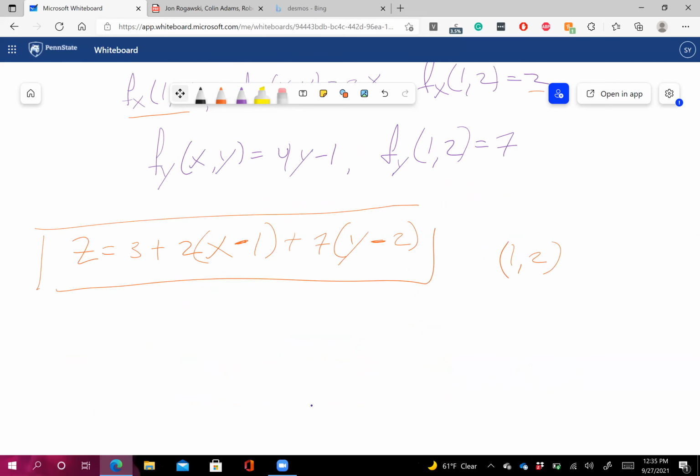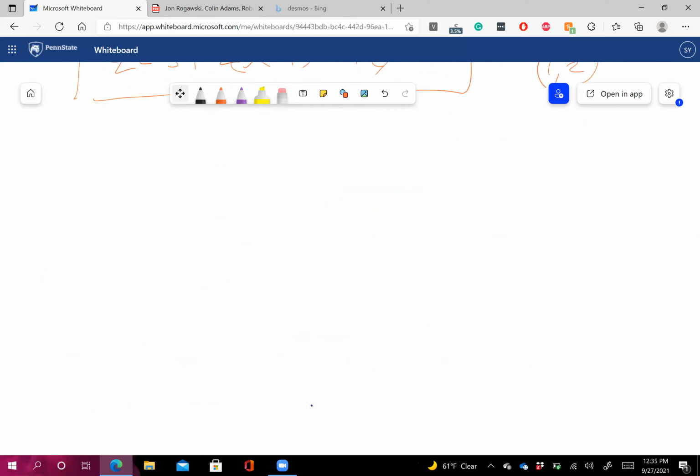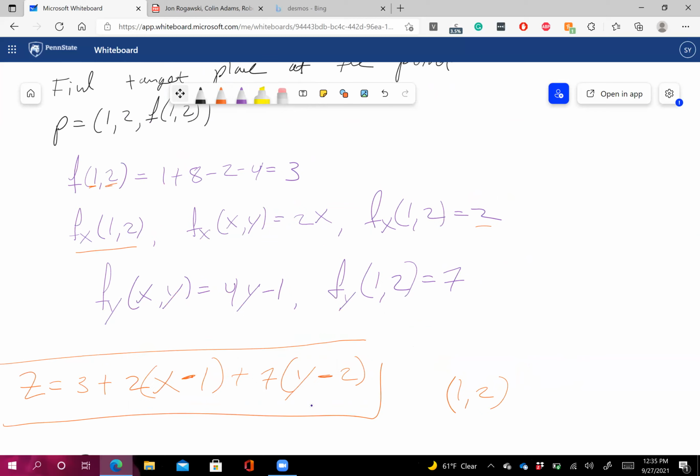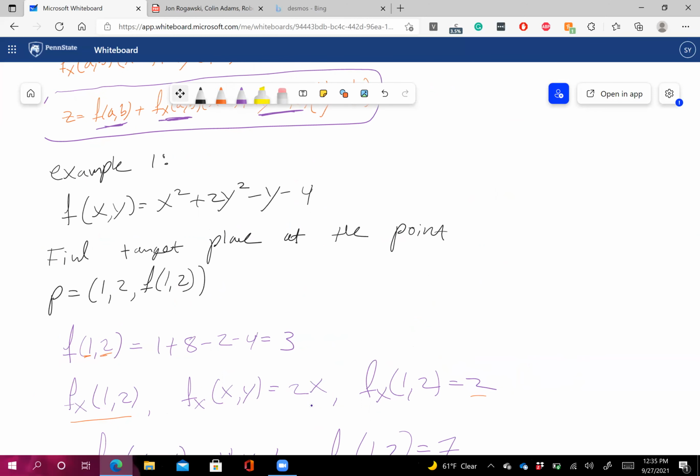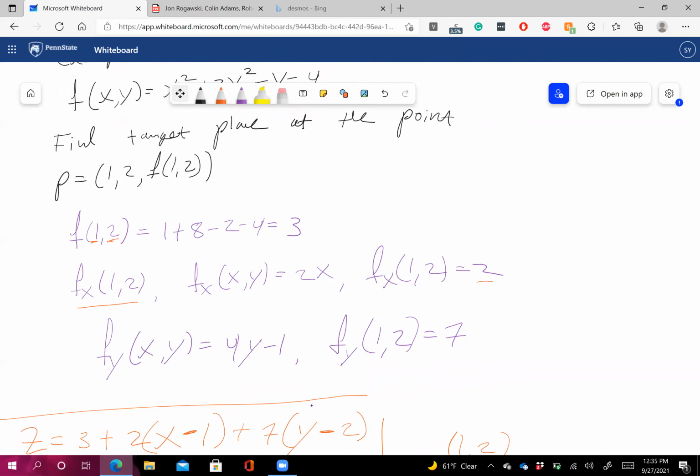So it ends up looking something like this. Our function is a paraboloid, right? We have x squared and y squared. And then we have some y, but you can always try to put it into the square. So it is a paraboloid.